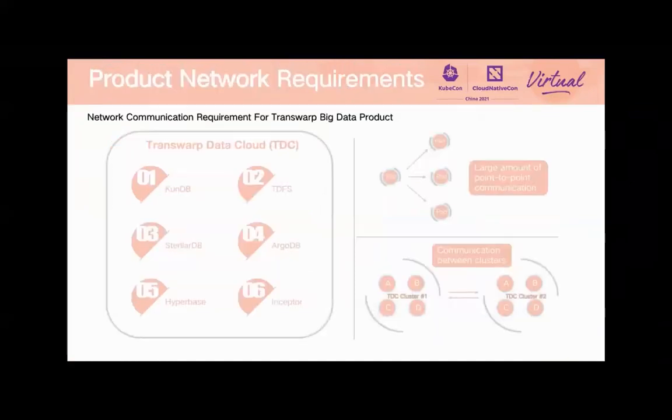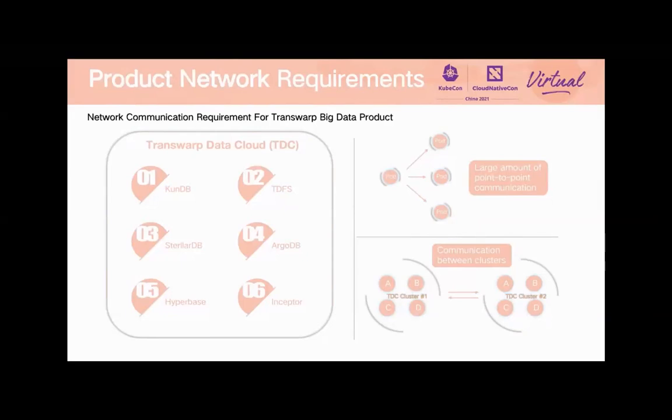You can see the picture on the left. TrustWeb has many big data products and AI products to handle many business scenarios. With the development of cloud native, these products are gradually migrating to our TrustWeb data cloud, which is called TDC. I also participated in the migration, and I'll describe the communication characteristics of these big data products.